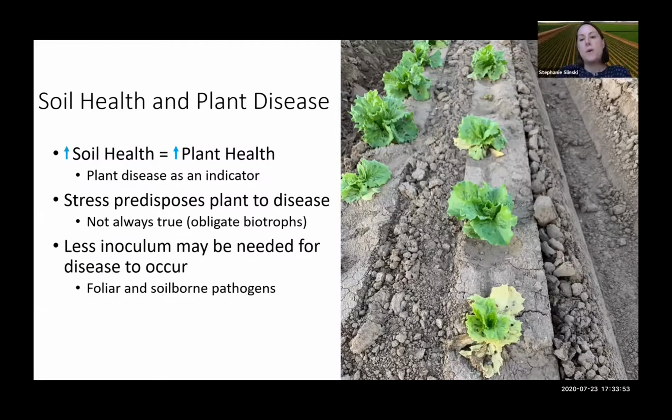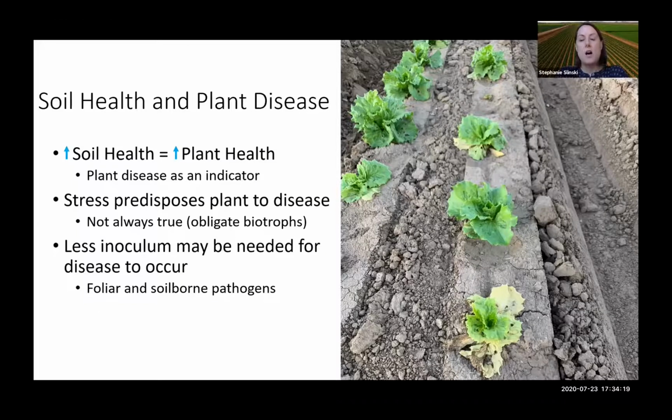This can be caused by plant stress or could be caused by high inoculant levels in the soil. It's an indicator of a less diverse microbial community, because an active and diverse microbial community will not support high populations of a single microorganism. And to add to that, you also need to have a significant biomass of that microbial community.